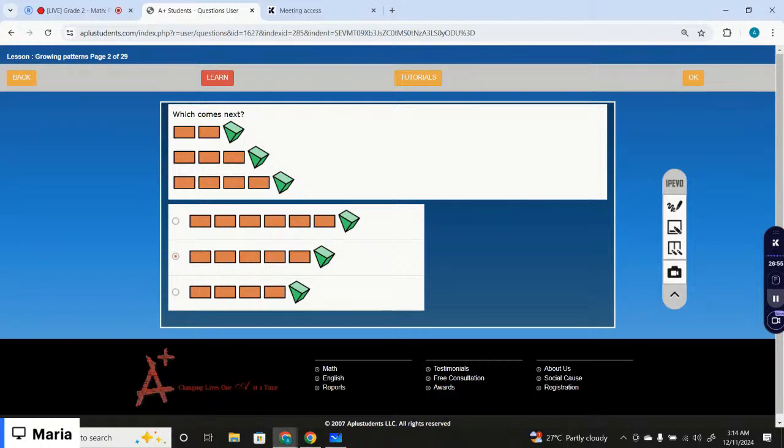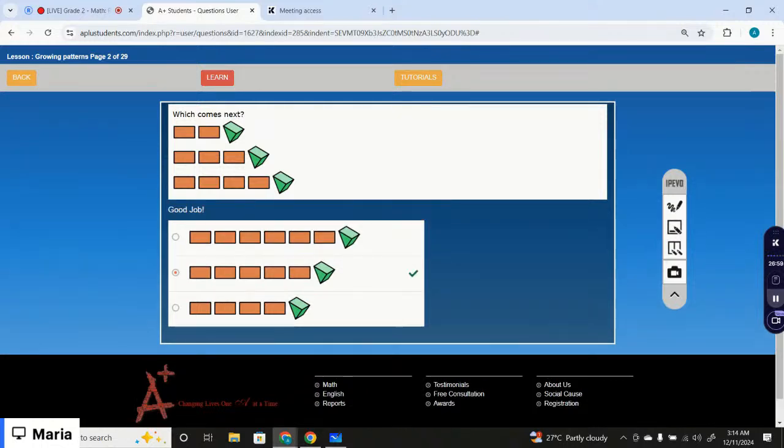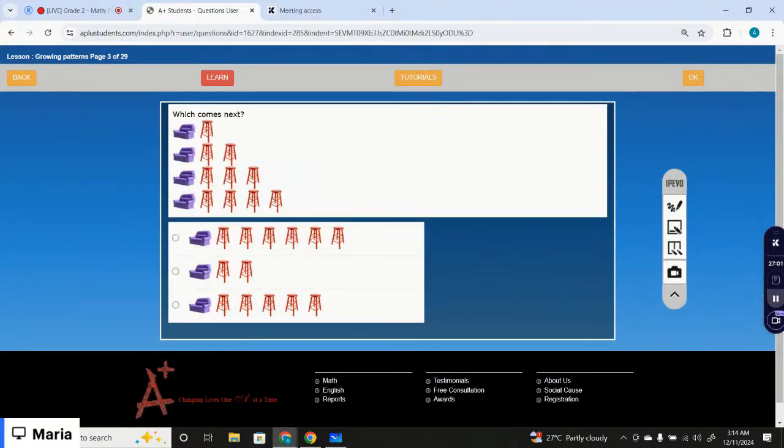Option number two is the correct option. So the next one is, which comes next? Which is the correct option?